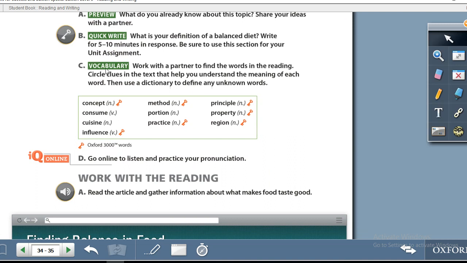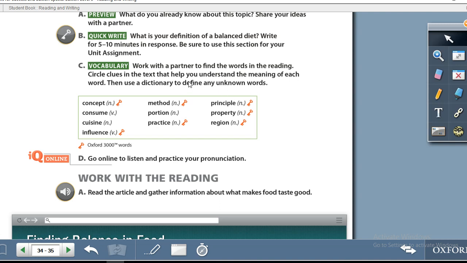Exercise C, vocabulary. Work with a partner to find the words in the reading, right? So once again, you do not need to work with a partner. You can simply do it by yourself. Circle clues in the text that help you understand the meaning of each word. Then use a dictionary to define any unknown words.